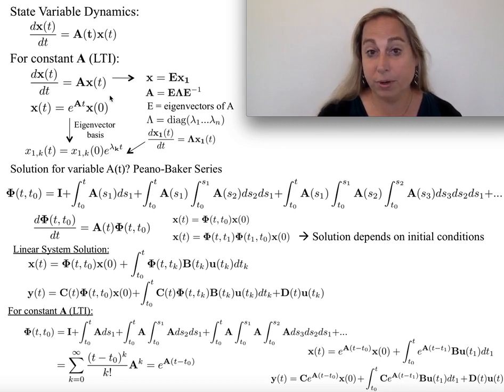A couple ways to approach this. One is to take A and project it across an eigenvector basis, which might be E, which has basically eigenvector rows of A, and where lambda is a diagonal matrix of all of the ordered eigenvalues, to which then I can take A as a decomposition of E lambda E inverse.